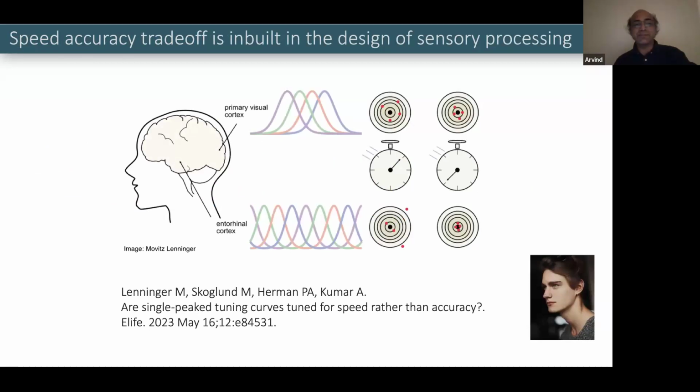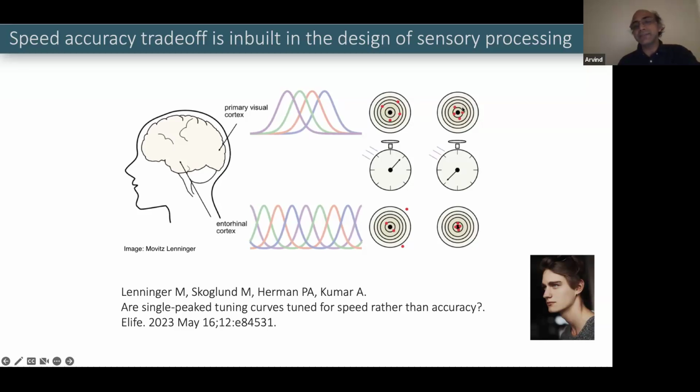Basically, I can close with this cartoon that Movitz made, that to us it looks like that if we follow this idea of representing information using tuning curves, then single peak tuning curves that we are more used to seeing in early visual processing, auditory processing, etc., at short intervals, they give us a reasonable accuracy.